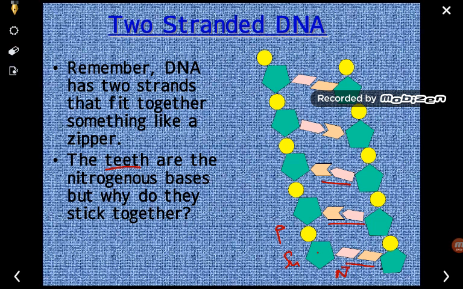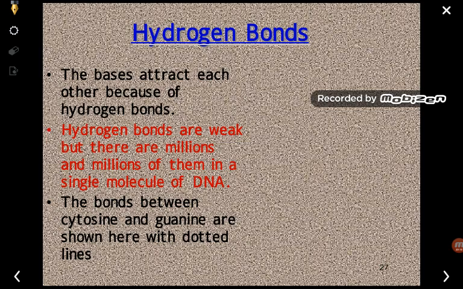The teeth are the nitrogen bases, but why do they stick together? Because they contain hydrogen bonds. The bases attract each other because of the hydrogen bonds, and hydrogen bonds are weak, but there are millions and millions of them in a single molecule of DNA.